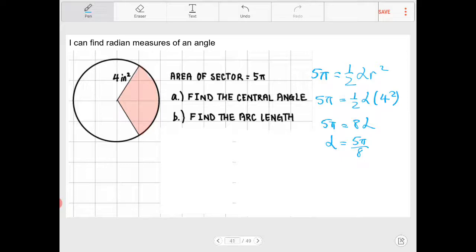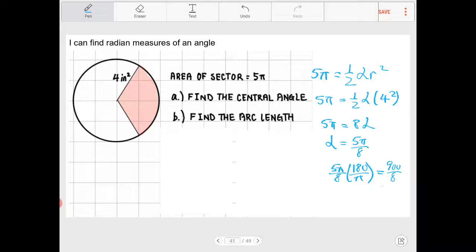So what is it in degrees? If I want to convert this from radians to degrees, the angle in degrees is going to be 5 pi over 8 times 180 over pi. If I convert this further, I will have 900 over 8, because 5 times 180 is 900. Divide that by 8, what am I going to end up with?